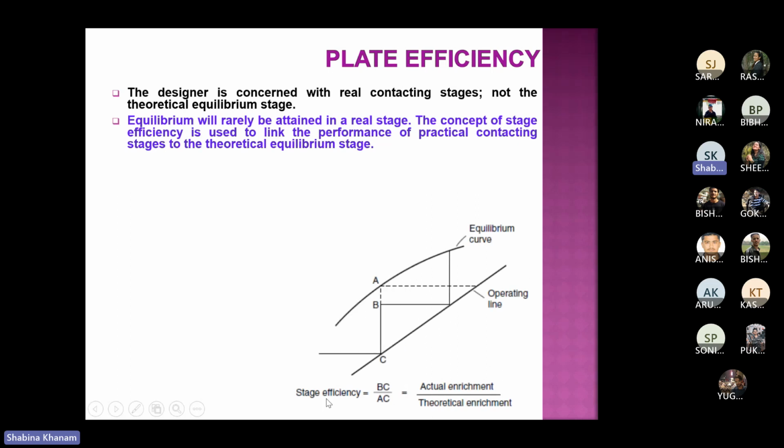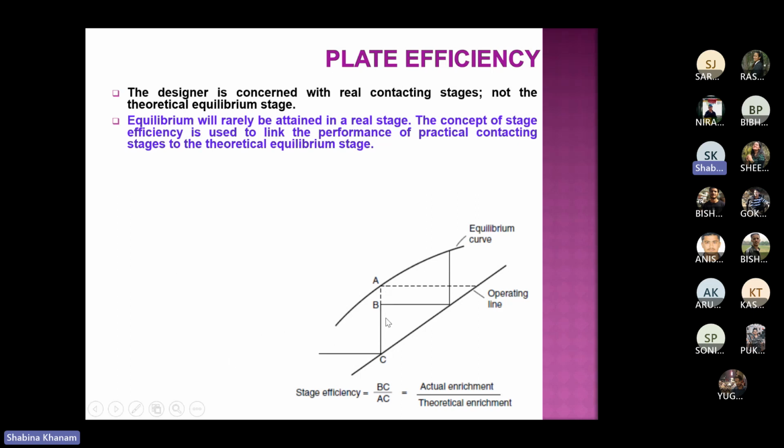So stage efficiency is what exactly separation we obtain versus what we are expected to get. When we make the steps to find out the number of trays, every time we touch this point and then this point and then this point. But if I consider this as well as this, that is the ideal enrichment we expect.